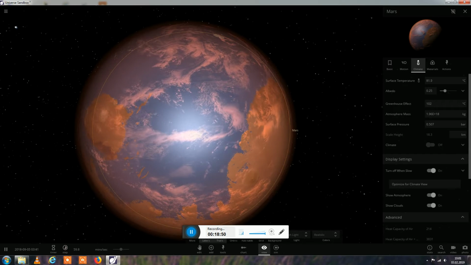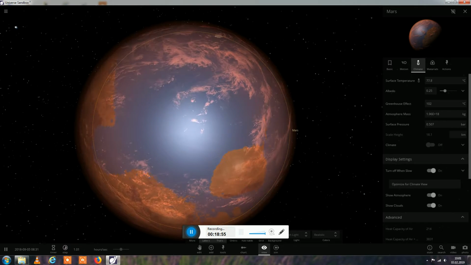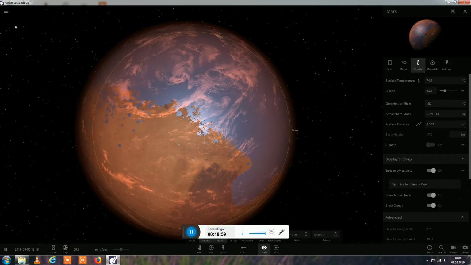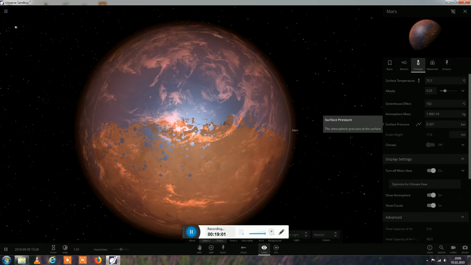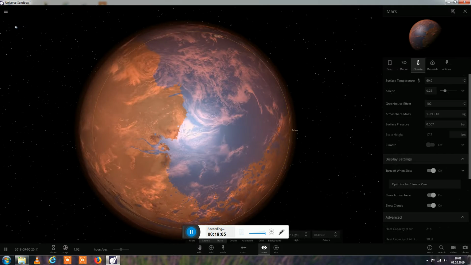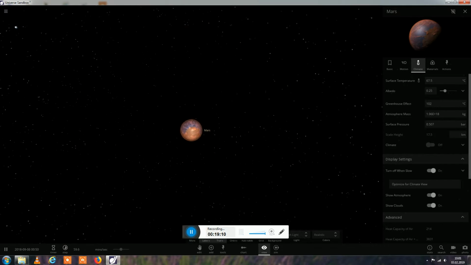Now, atmospheric pressure here on Earth at sea level is 1 bar, or 1 atmosphere. Perhaps the best pressure would be basically half a bar, 0.5.